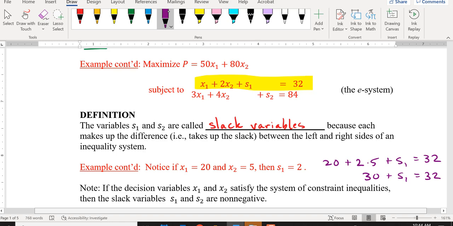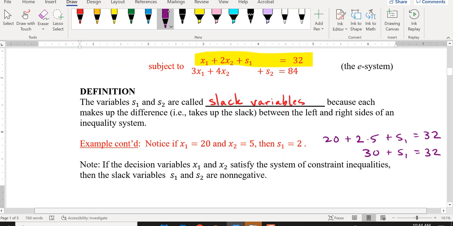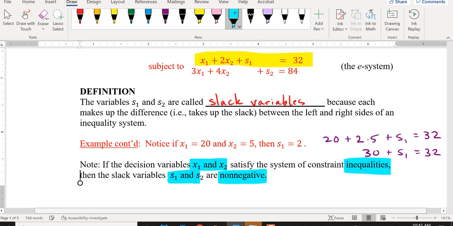All right. If the decision variables x1 and x2 satisfy the system of constraint inequalities, then the slack variables S1 and S2 have to be non-negative. Let's read that again. If x1 and x2 satisfy the inequalities, then your slack variables have to be non-negative.